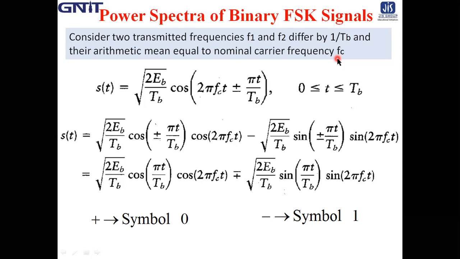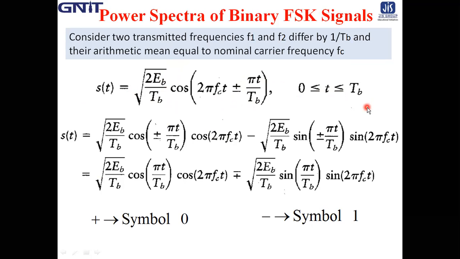Therefore, we may express this special case of binary FSK as follows. That is, s(t) equal to square root of 2EB by TB cos(2 pi FC t plus minus pi t by TB), where t belongs to 0 to TB.